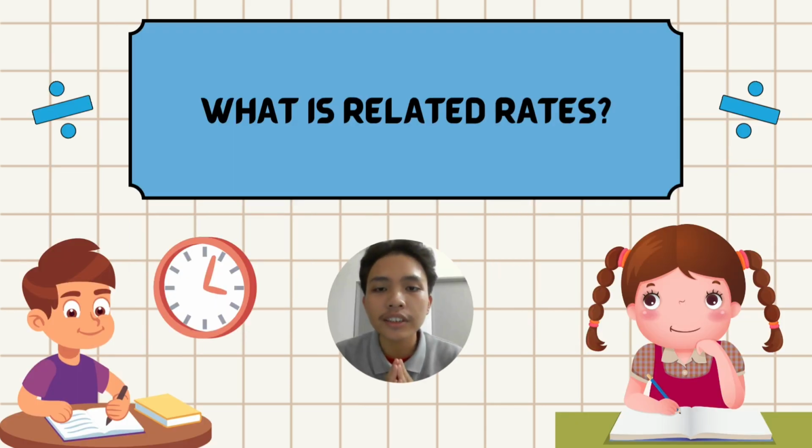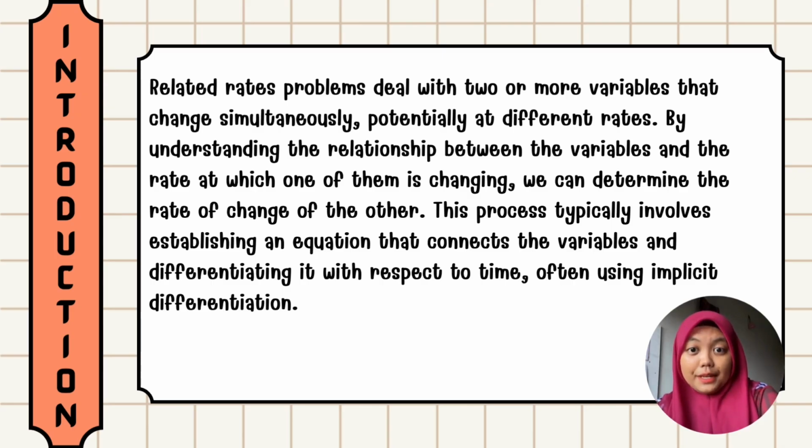The first thing that you guys need to know in this video is what related rates are. Related rate problems deal with two or more variables that change simultaneously, potentially at different rates. By understanding the relationship between the variables and the rate at which one of them is changing, we can determine the rate of change of the other.